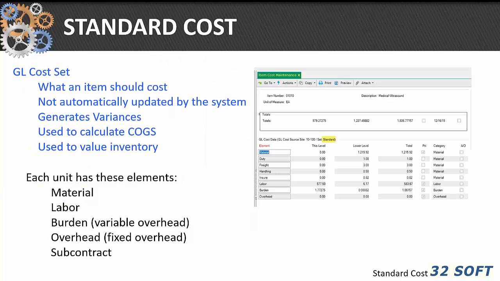The standard cost is normally what is called the GL cost set. This is what the item should cost. It's not updated automatically by the system. You have to run the standard cost roll, which I'll walk through in just a second. And this is what generates variances between actual and standard. It's used to calculate cost of goods sold, and it is used to value inventory at standard.